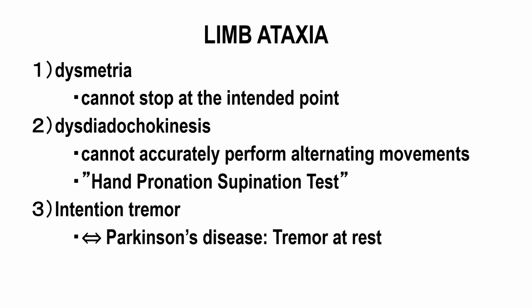Tremors that appear in cerebellar disorders are called intention tremors because they are exacerbated when, for example, one tries to bring their fingertips closer to a target. On the other hand, tremors that appear in Parkinson's disease and other conditions are called tremor at rest because the tremor is observed in the hand that is relaxed on the knee.